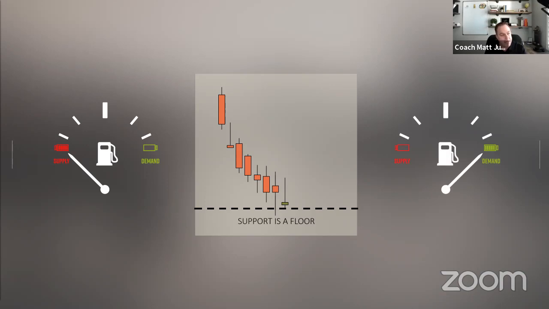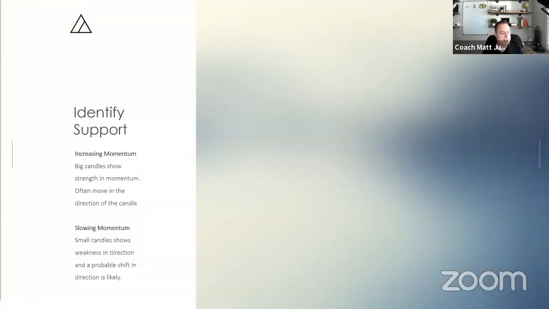Once demand comes back in, you'll see this through the visual identification of candlesticks, and I'll get into that in just one second. But it's because demand is now outpacing supply that drives the market back up. And these concepts of support, it is simply because demand outweighs supply, driving the market back up and up, and rinse and repeat.